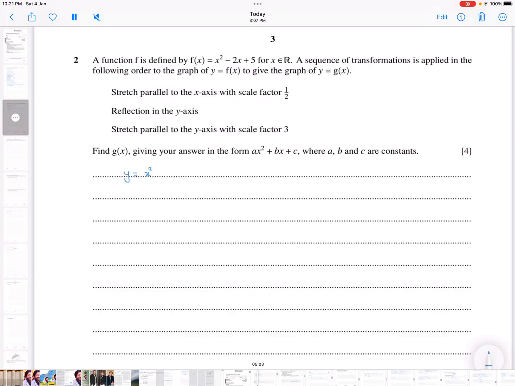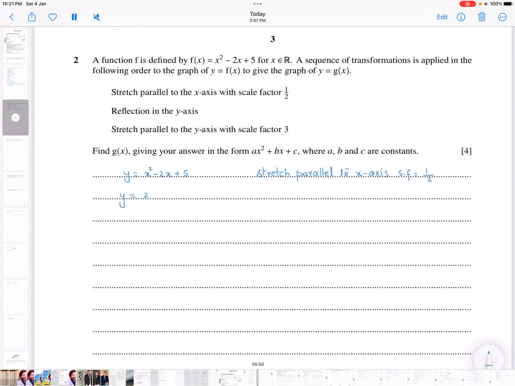So it becomes y equals x squared minus 2x plus 5. So stretch parallel to the x-axis. The scale factor is 1 over 2, so we have to use 2. So you multiply 2 with x, first with x squared, then with 2x.